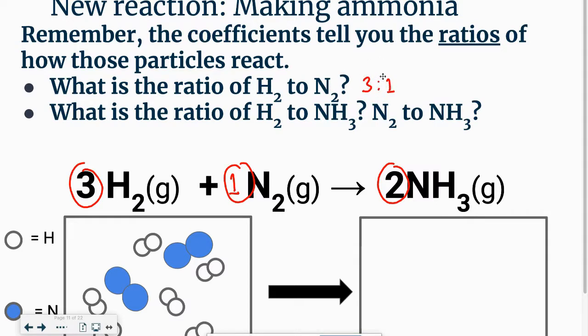Those little dots in math, that means 3 to 1 ratio. That shows a ratio or a proportion. What's the ratio of H2 to NH3? Well, that ratio would be 3 to 2. N2 to NH3, that's 1 to 2, okay? So those are our ratios.